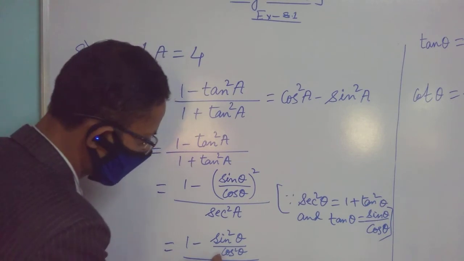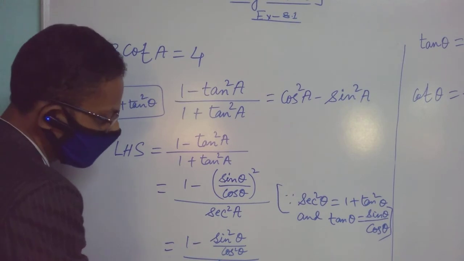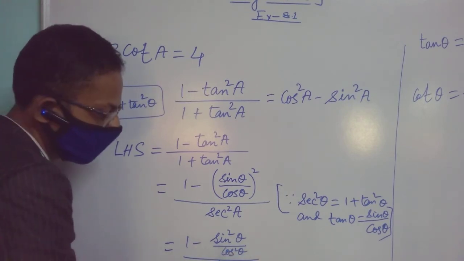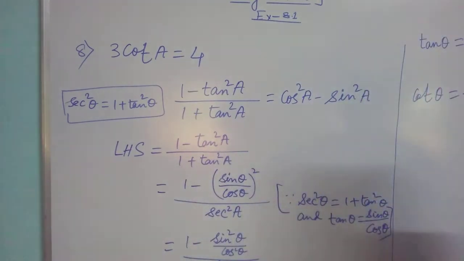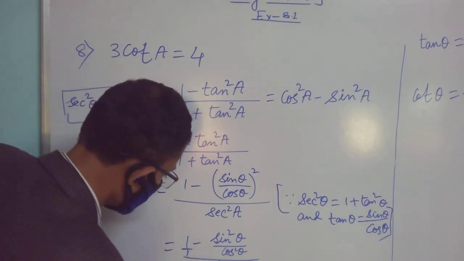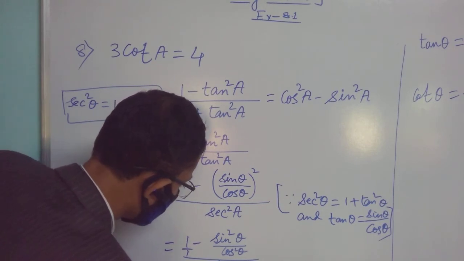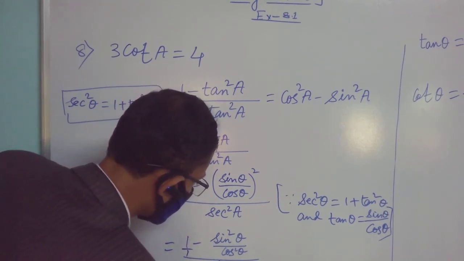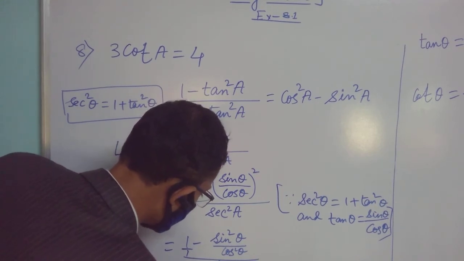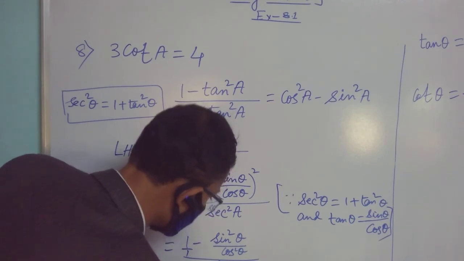Keep it as it is, because we have cos theta in the denominator. Ultimately this cos theta will come here, and sec and cos are reciprocal of each other. So it will become sec square theta and cos square theta will become 1. So in the numerator we have cos square theta minus sin square theta, whole divided by cos square theta, and that total divided by sec square theta.